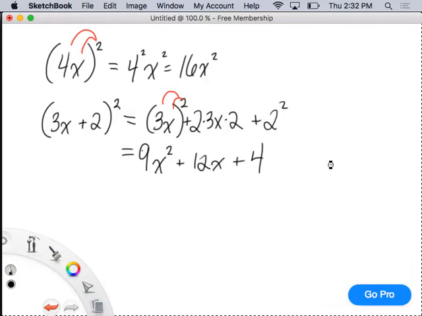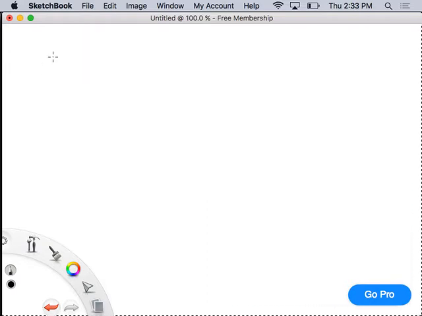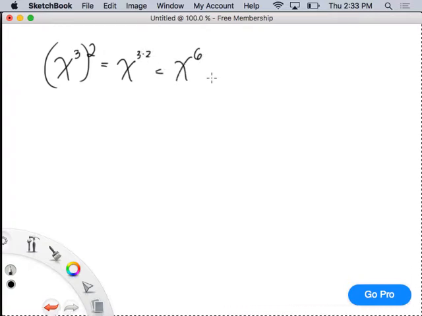All right. Now, what about if I say x to the third and then I square it? What do I do with those exponents? I multiply them. It becomes x to the 3 times 2, which is x to the 6th. And what if I have x to the 3 times x to the 2?